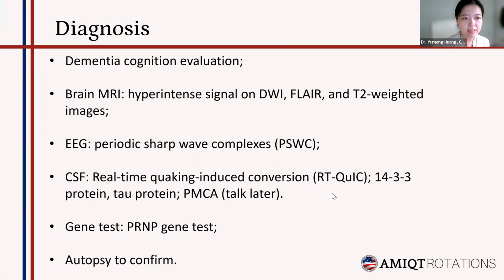If we get CSF from the patient, we can conduct RT-QuIC, 14-3-3 protein, tau protein, or PMCA. Maybe you have never heard of this technique from the textbook, but we are going to talk about it later. Another important test is the genetic test to sequence PRNP. And of course, confirmation from autopsy.